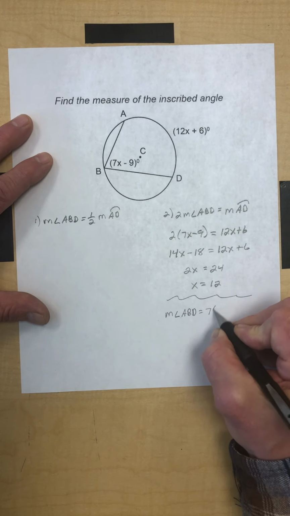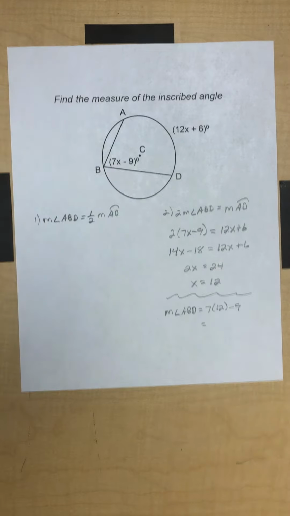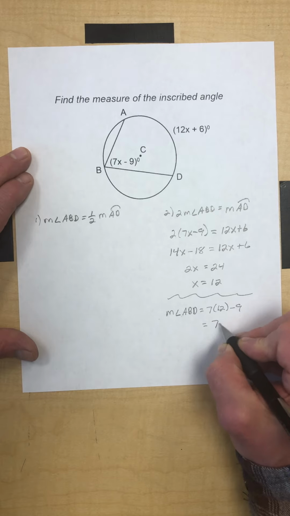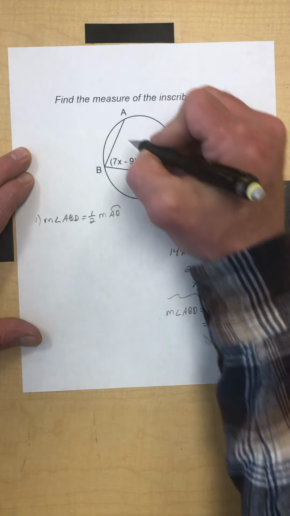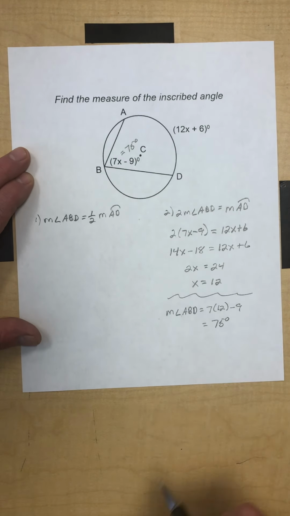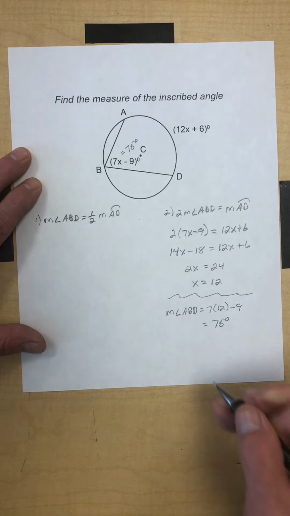So I would get 7 times 12 minus 9, and remember that's an angle measure, so that's in degrees. You go right to your trusty Walmart special, 7 times 12 minus 9, and I am coming up with 75 degrees. So it looks like this angle should be 75 degrees. So I should get twice that here for 150 degrees, so we're going to check it.